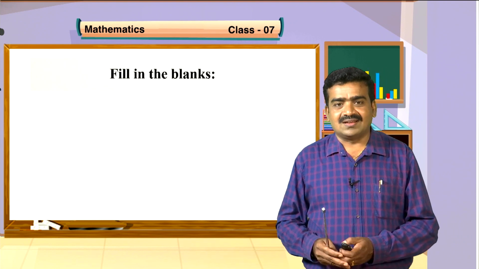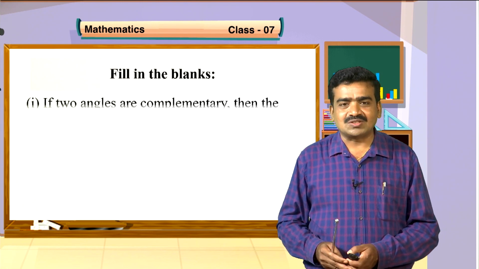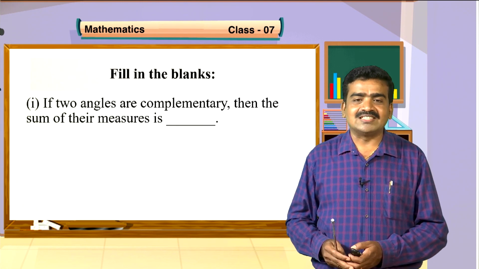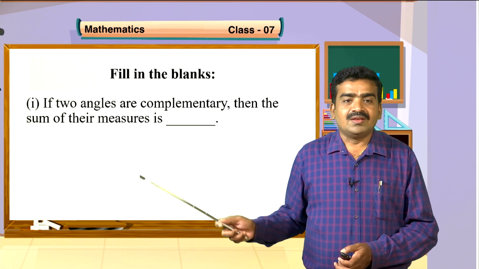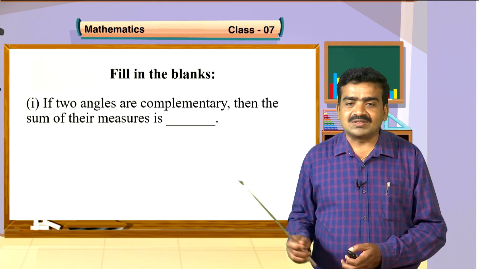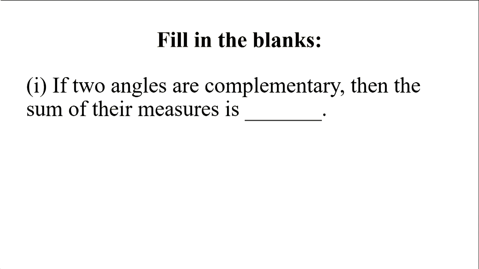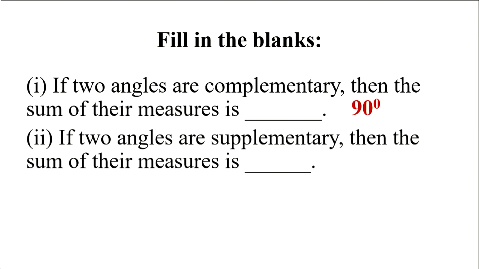Now, let us try to fill the blanks which is given in the question by recalling the concept what we have learned today. If two angles are complementary, then the sum of their measures is, what is the measure of complementary angles? You are exactly correct, the measure is 90 degree. Now, come to the second question.